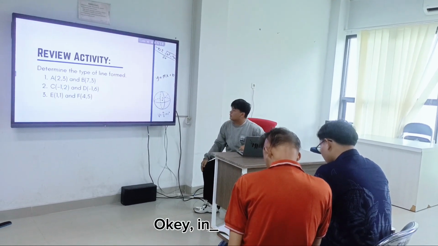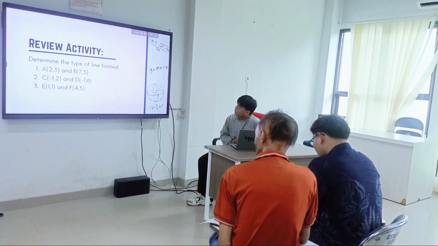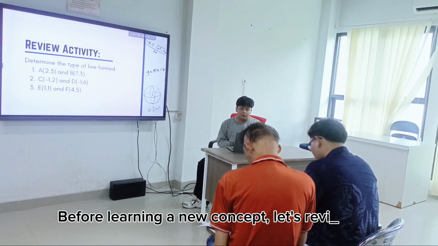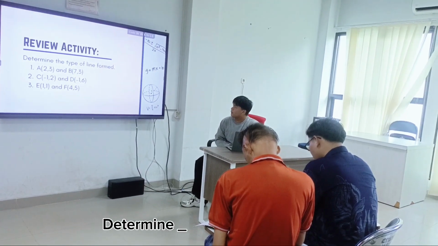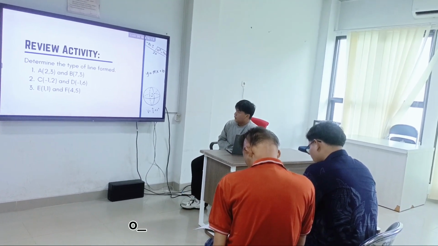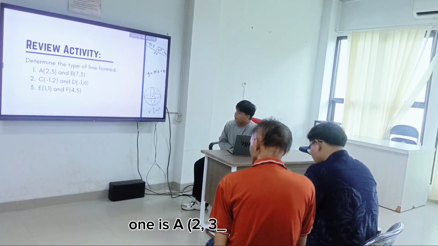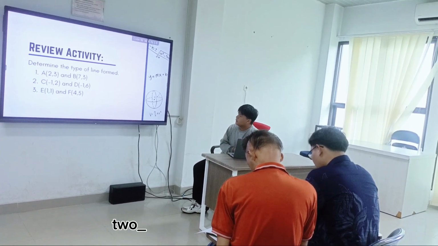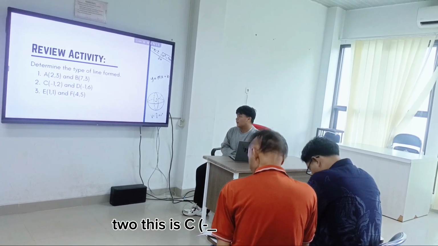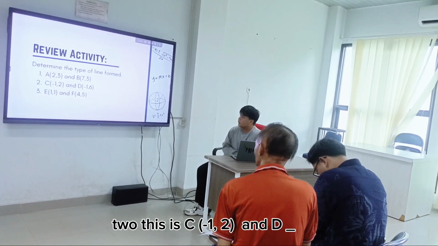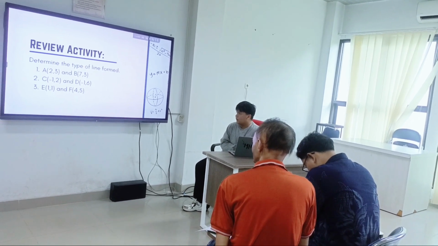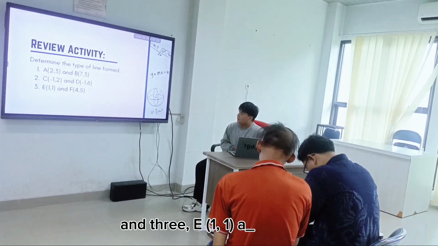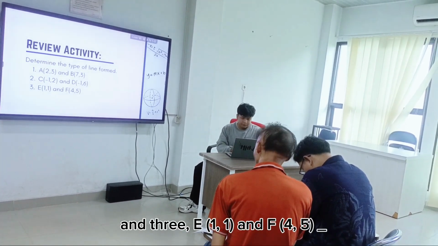Okay. Before the main concept, let's recap the previous lesson. Determine the type of line for each pair. One is A(2,3) and B(7,3). Two is C(-1,2) and D(-1,6). And three is E(1,1) and F(4,1).